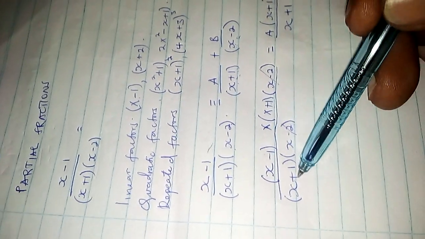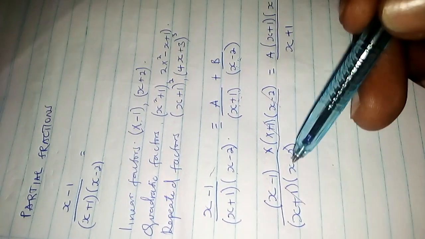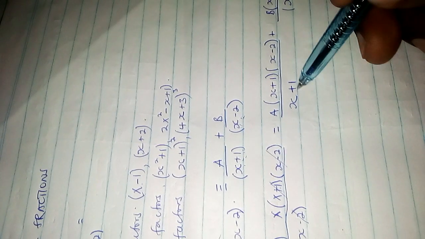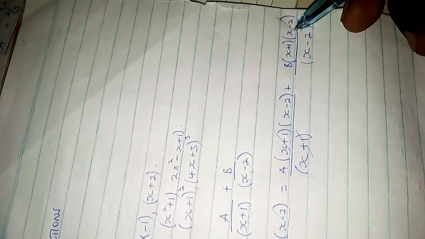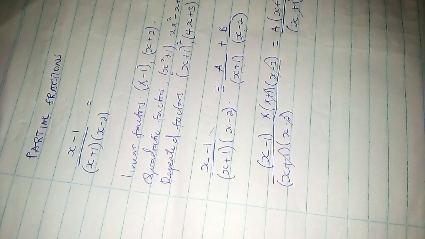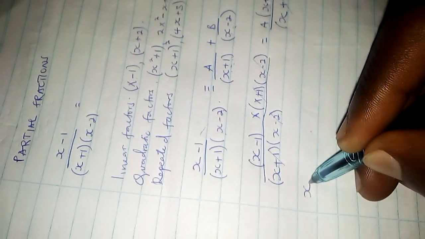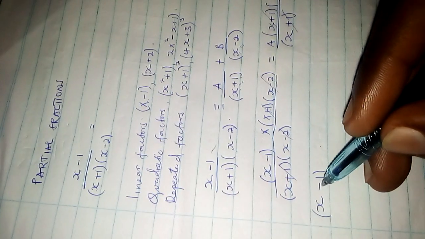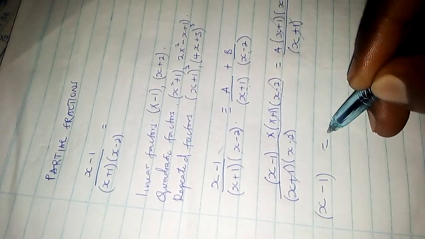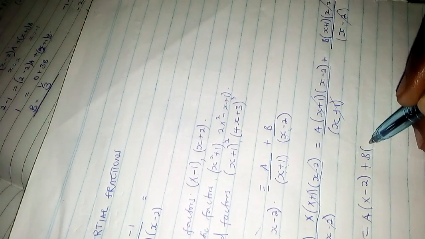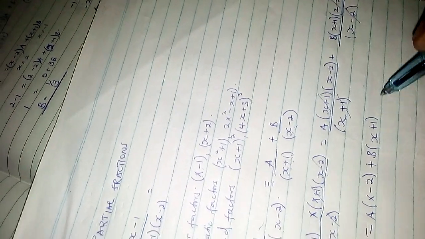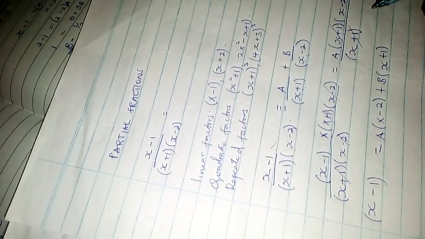Likewise, x plus 1 and x plus 1 cancel. On the left, x plus 1 and x minus 2 cancel with the denominator, so we remain with x minus 1, which equals a times (x minus 2) plus b times (x plus 1), because the others have already cancelled.